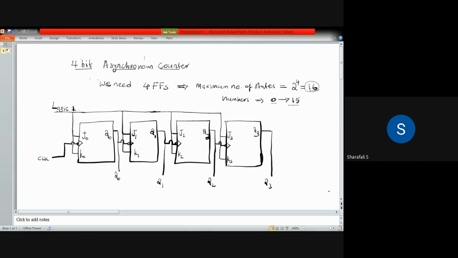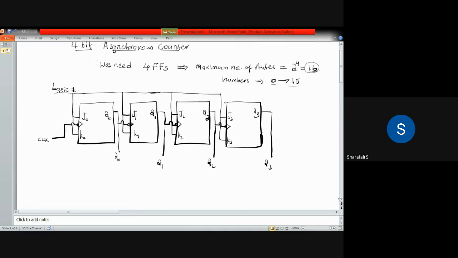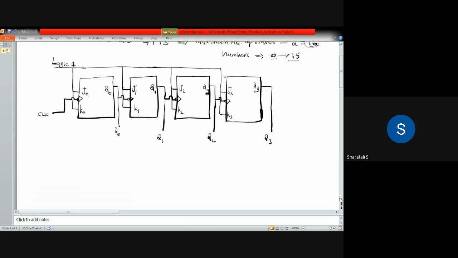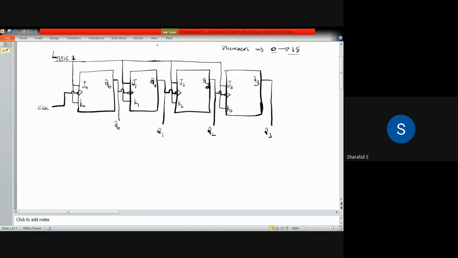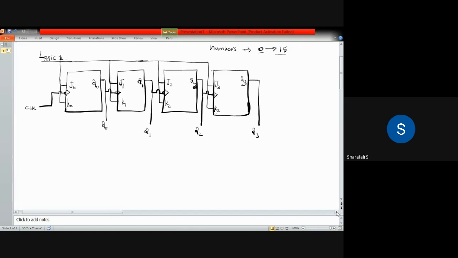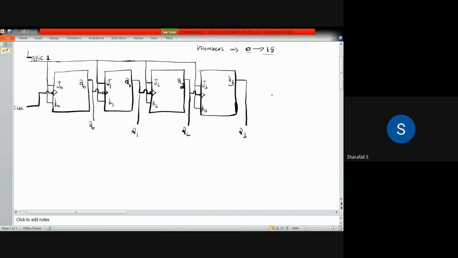So how will this work? Initially we consider case 0000. So let's consider the clock here. Then we have Q3, Q2, Q1, Q0, because we have to consider the most significant bit on this side.